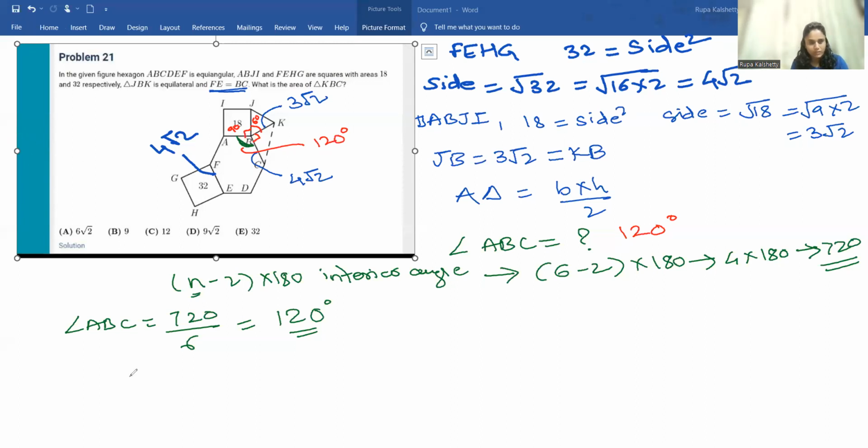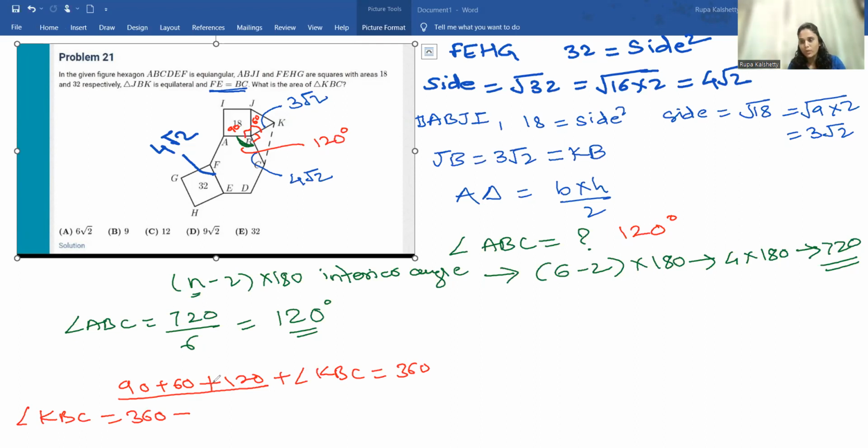So can we say that 90 plus 60 plus 120 plus angle KBC should be equal to 360? 90 plus 60 is 150, 150 plus 120 is 270. And isn't it 90? 270 plus 90 is 360. So yeah, we proved it.